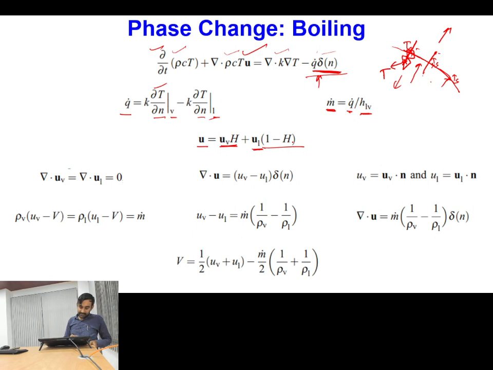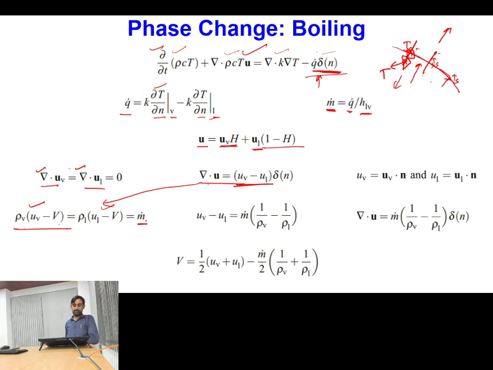Okay, and if you calculate the divergence of velocity for the liquid and vapor phases, that is 0, but the divergence of the overall velocity field will now be uv minus ul into delta L, where uv and ul are actually normal velocities, the way I told you earlier. Now this information we can utilize to calculate the velocity jump. So this is the amount of vapor relative to the interface, and this is the amount of liquid relative to the interface.